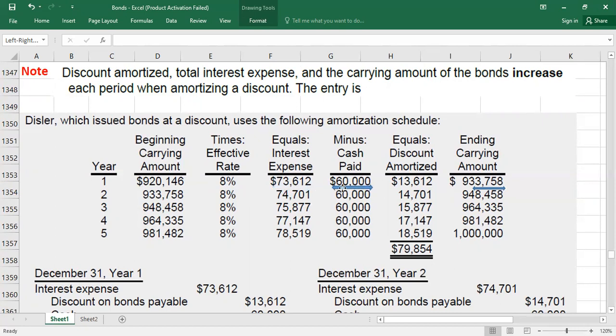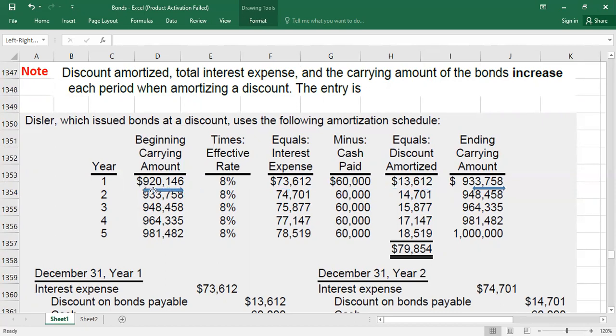But actually you are paying interest as per the stated rate, which is 60,000, because face value was 1 million multiplied by the stated rate, which is 6%. So this will give you 60,000. The difference of interest expense and cash payments is the discount amortization.